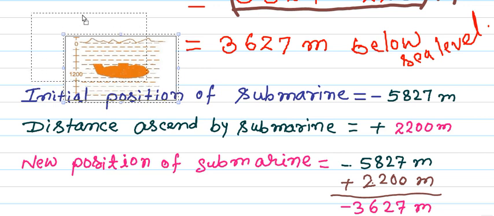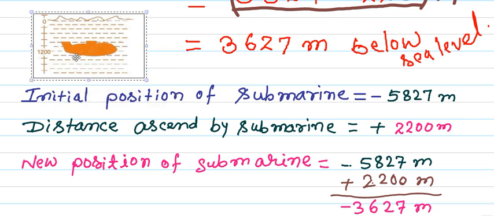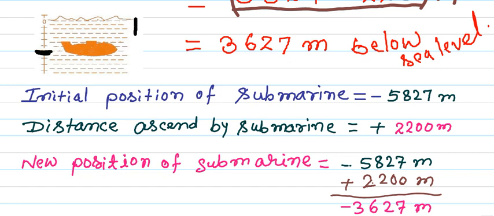So let's see now what we can show you here, right? You see, it is our picture according to the question, and we are able to understand, right? So you see, how can you write a submarine from below the sea level?